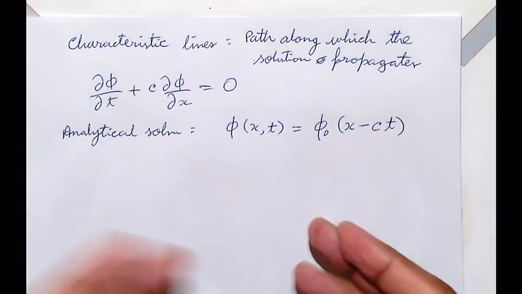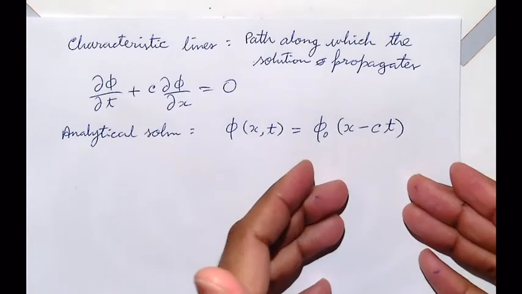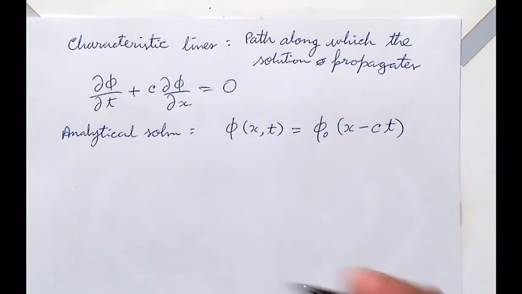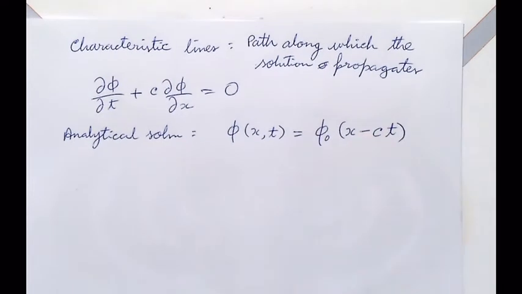The way the solution looks at time equals 2 seconds is what it looked at time equals 0 seconds, but just moved with speed c. Make sense?